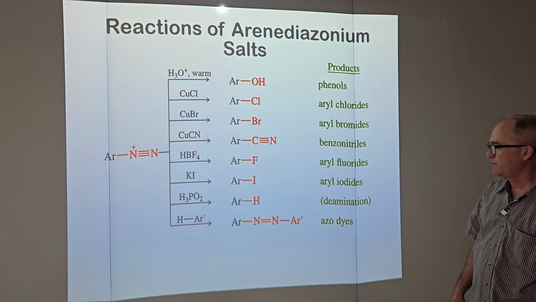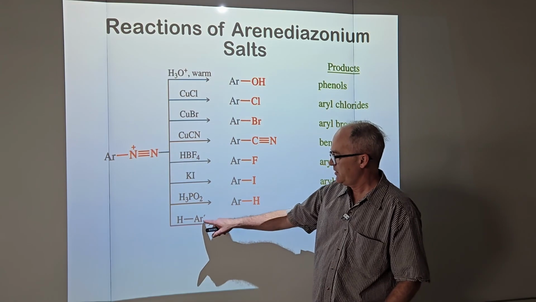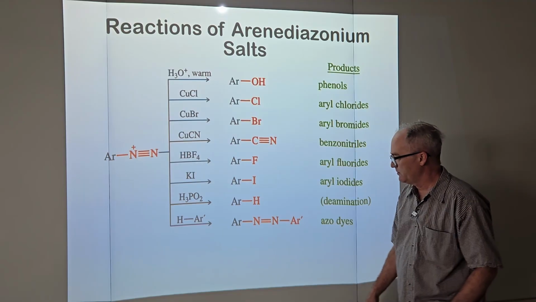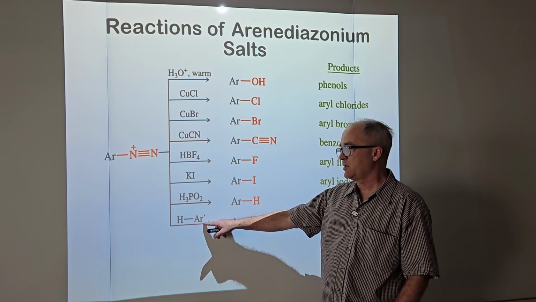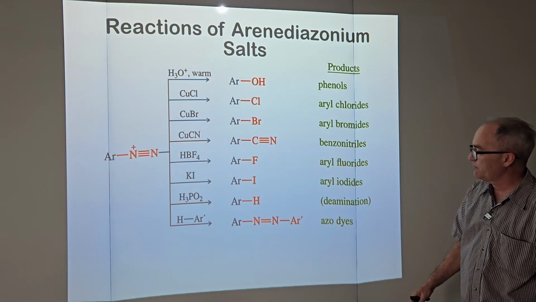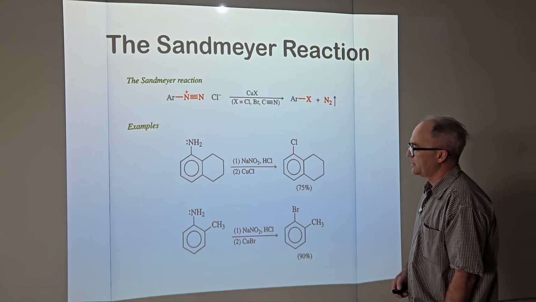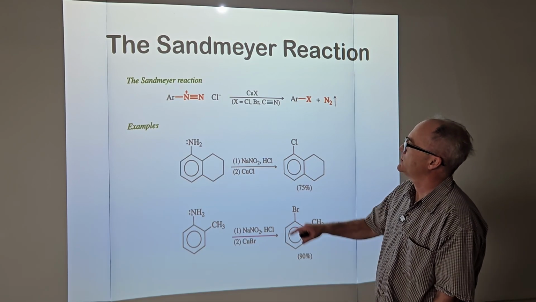Deamination and azo dyes. So here you're reacting it with another benzene ring. Or Ar could just be any aromatic compound like naphthalene. So the Sandmeyer reaction, those were those copper reagents.